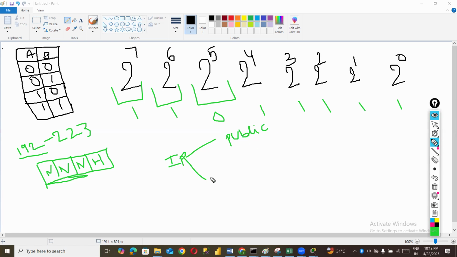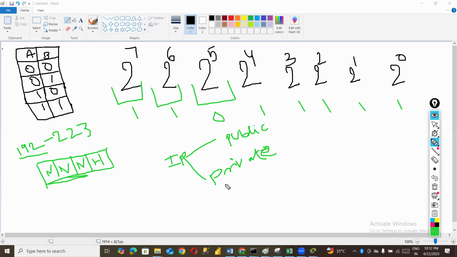Can anyone say what is the difference between public IP and private IP? Public IP is used for routers, when we want to go for a big network, like WAN technology. Private we use within an area, a geographical location, within the LAN.